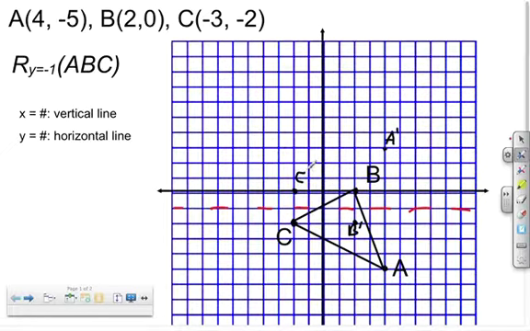There is C prime. And by thinking of this as 3 separate points, and if I can connect these dots in a somewhat pretty manner, there is my triangle reflected over the line y equals -1.